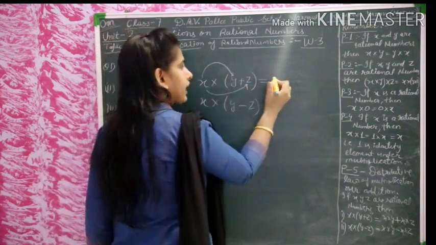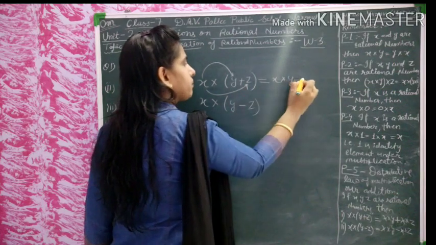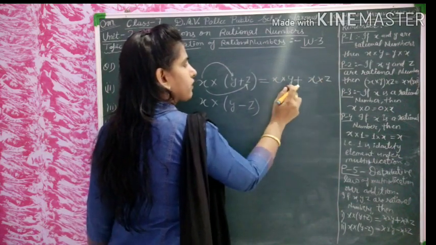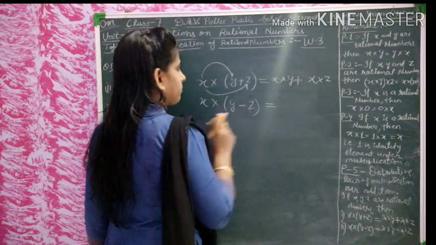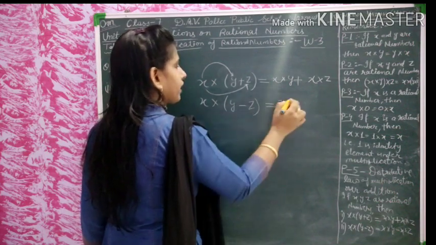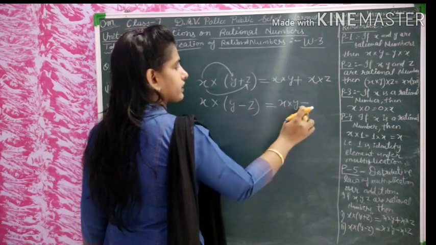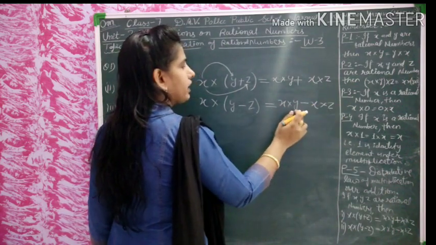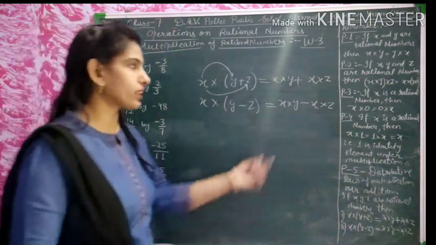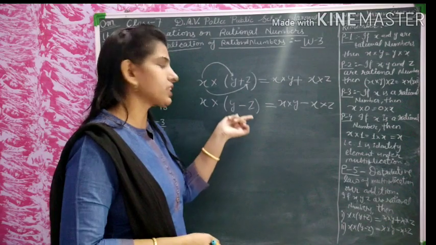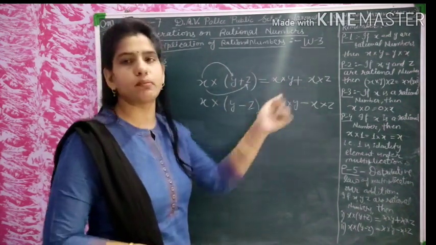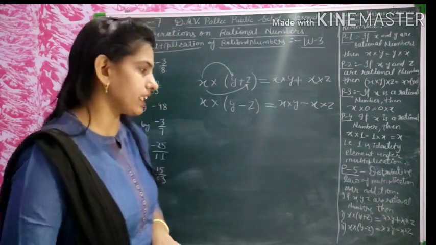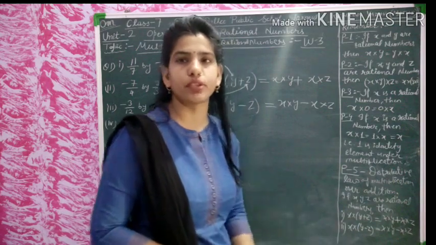Now multiplying first x by y, and there is the sign plus, and next step, x by z. And the same like this, x into y and minus x into z. First multiplying x by y and then x by z. Okay students, minus stays minus and plus stays plus. Yes, these are the two properties of the distributive law.